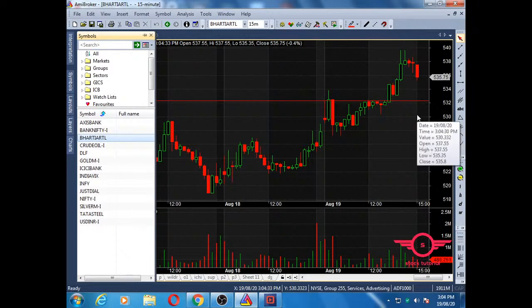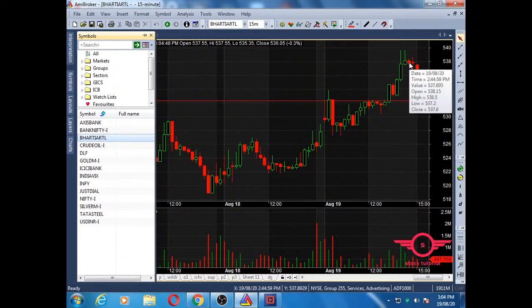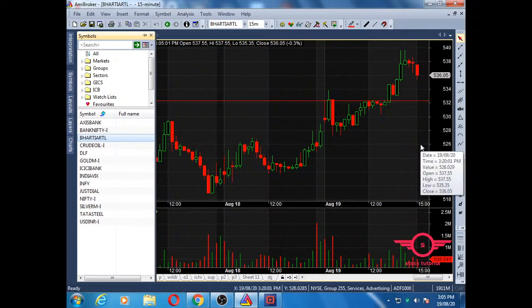Maybe there is not-so-good news from the Supreme Court, but on expectation it just crosses the lower side of this candle. Check this candle first, 537 here, 530, two points. For futures it is okay, two or three points.